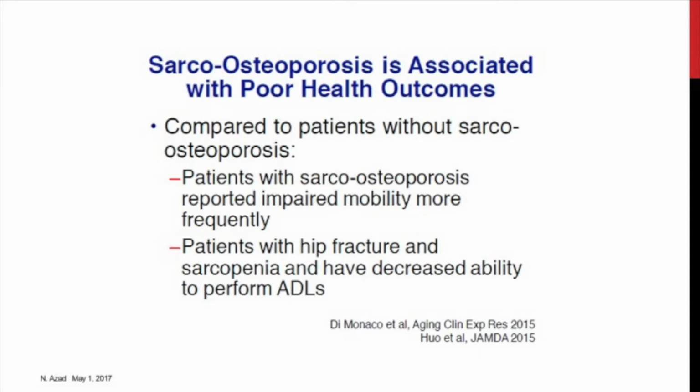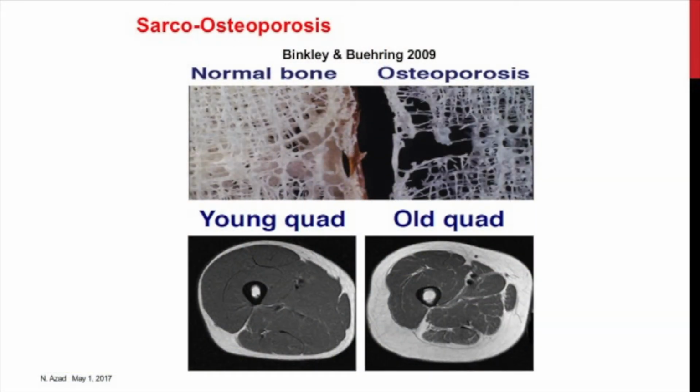So if this is a normal bone, and this is osteoporotic bone, we all know that. But look at the muscles with aging. Unless from midlife we continuously do resistance training, our muscles are going to be replaced with all kinds of fat, okay? Even if the size doesn't change, the muscle has shrunken.